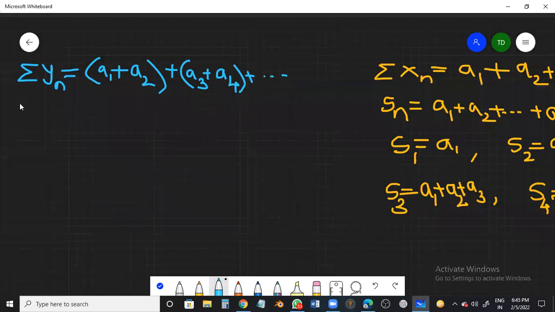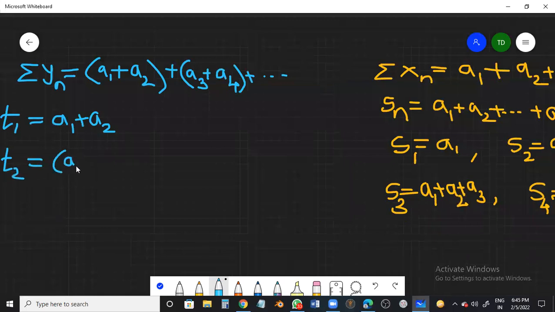So what is the sequence of partial sums? My first term T1 is only A1 plus A2. My term T2 will be what? A3 plus A4.